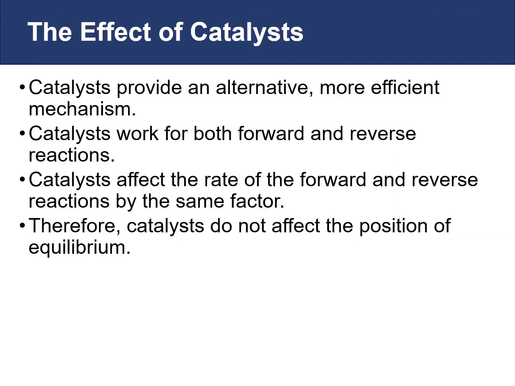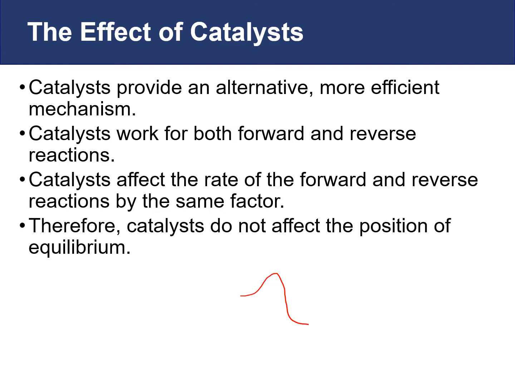The last thing that we could do is add a catalyst. In our previous discussions on chemical kinetics, it had been mentioned that the addition of a catalyst provides an alternate, more efficient mechanism, one that has a lower barrier of reaction. Because the barrier of reaction is a barrier in both directions, this would actually speed up both the reactant and the product.